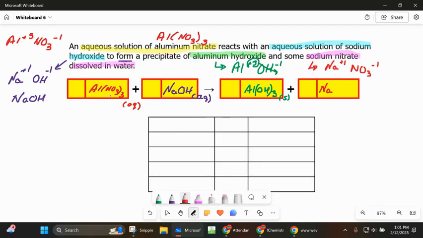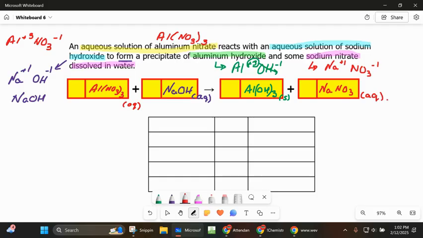Here I put the OH3 in parentheses because I was going to put a 3 by it. What number goes by the NO3 here? The 1 would come down for it. So I'm not going to bother to put it in parentheses, okay? So that's the difference. And dissolved in water, AQ.